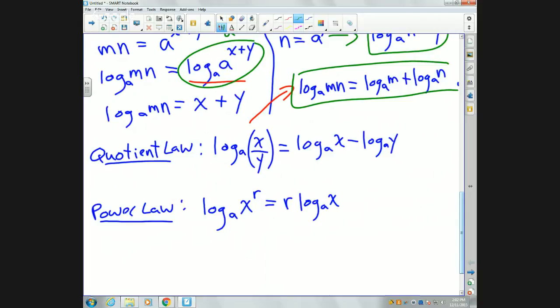We're able to pull this exponent down and bring it out front here. That's really what happens. So if you ever have an expression where you can rewrite the exponent, I'll show you next week how to solve these equations, and we'll use the log button on your calculator. So let's do an example of each, and then I think I'm going to let you guys work.